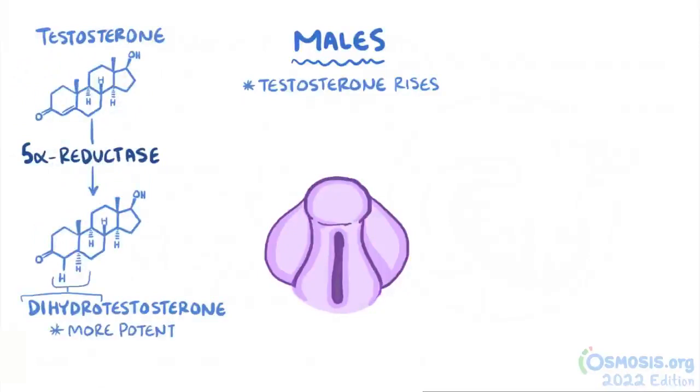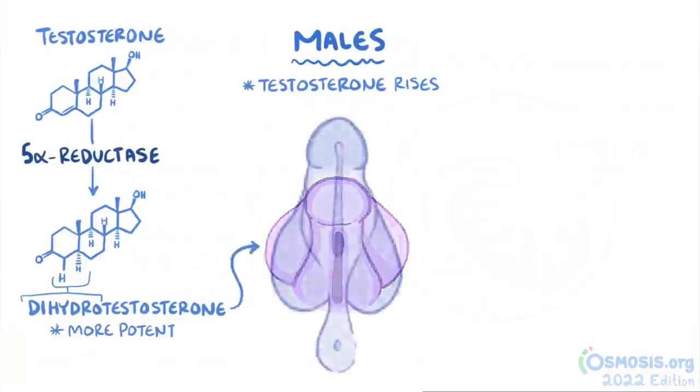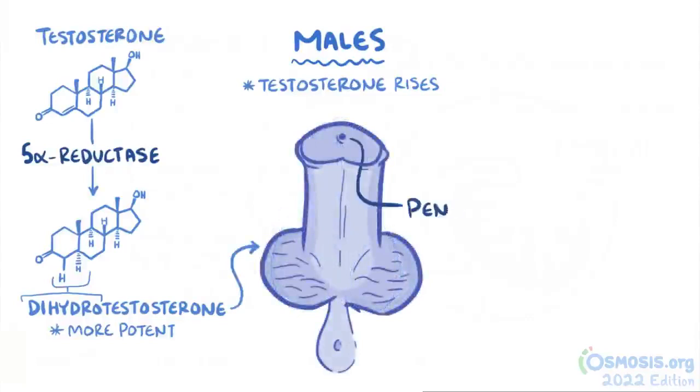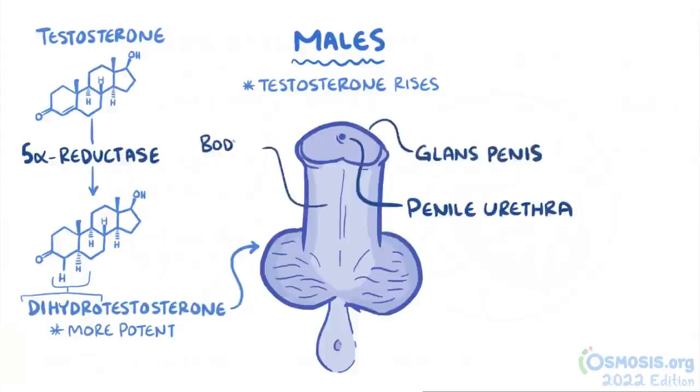Starting with week 9, dihydrotestosterone masculinizes the external sex organs of male embryos. The urethral folds fuse on the midline and form the penile urethra. The primordial phallus grows longer, and its tip forms the glans penis, while its body gives rise to the body of the penis, which encloses the penile urethra. The labioscrotal swellings fuse as well, giving rise to the scrotum.